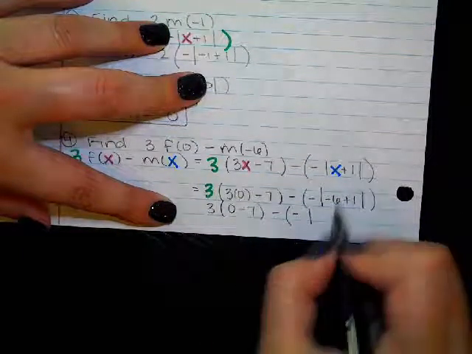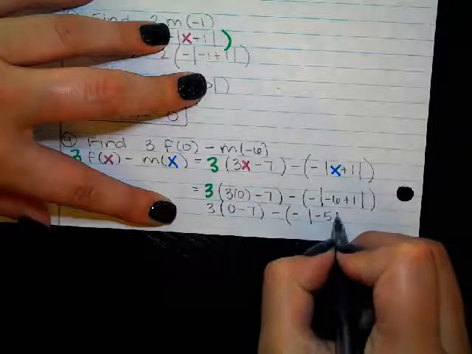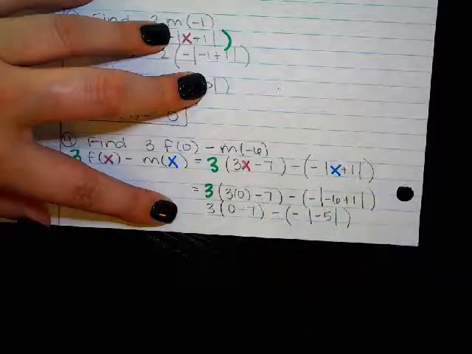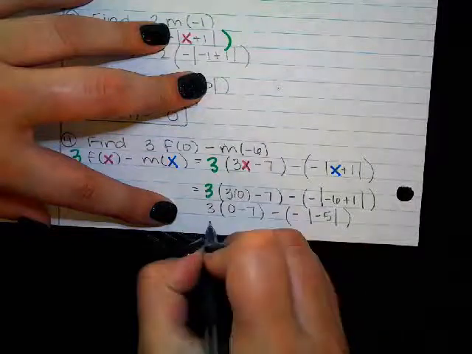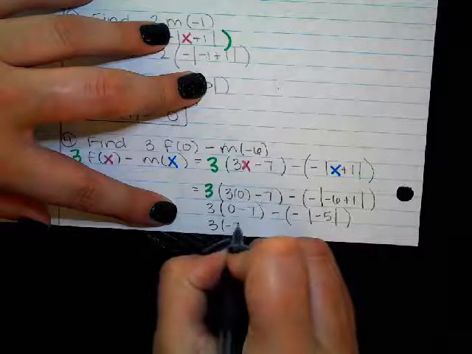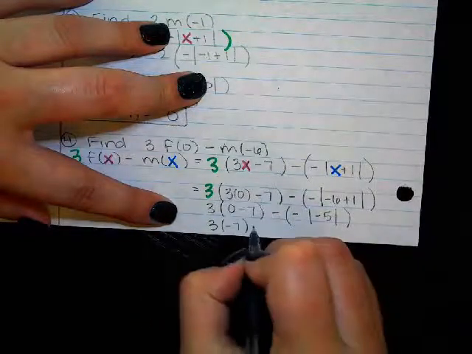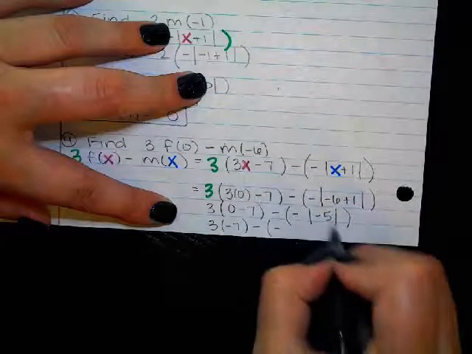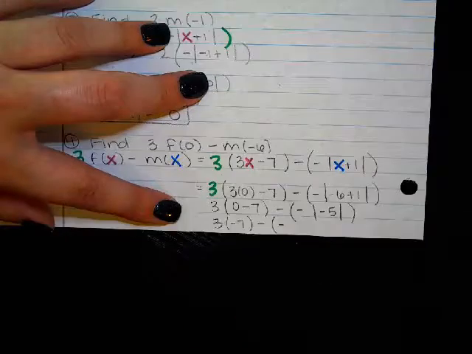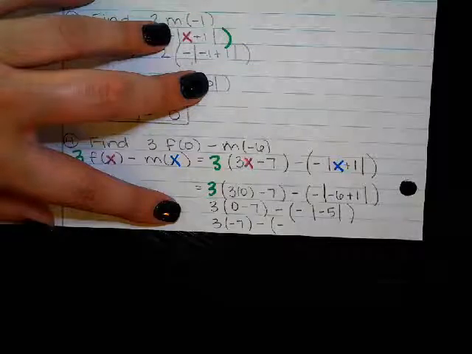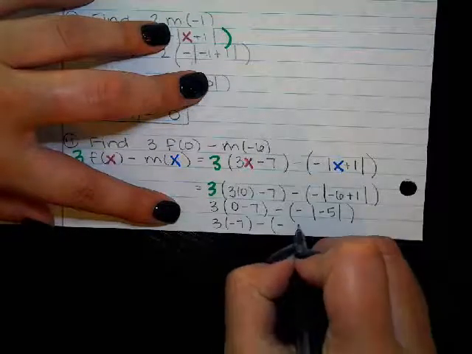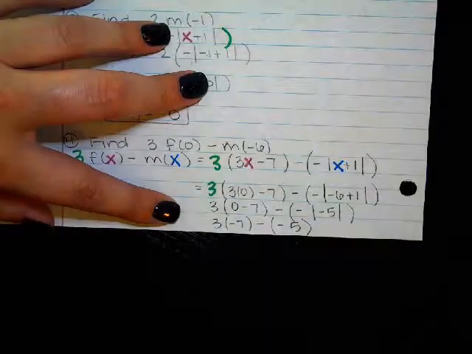Okay? 0 minus 7 is -7. Minus. The absolute value of -5 is just +5. So that's just +5. Okay? Now here we got the minus makes a plus. Okay?